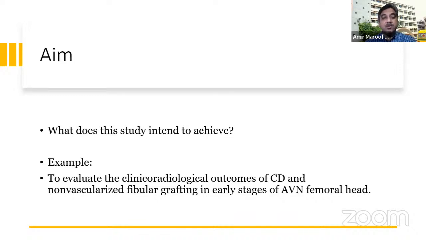Here I'm giving an example: to evaluate the radiological outcomes of core decompression and non-vascularized grafting in early stages of avascular necrosis of the femoral head. Now this is the aim. This is broad, and when you see the next step, you will understand why I'm saying that.